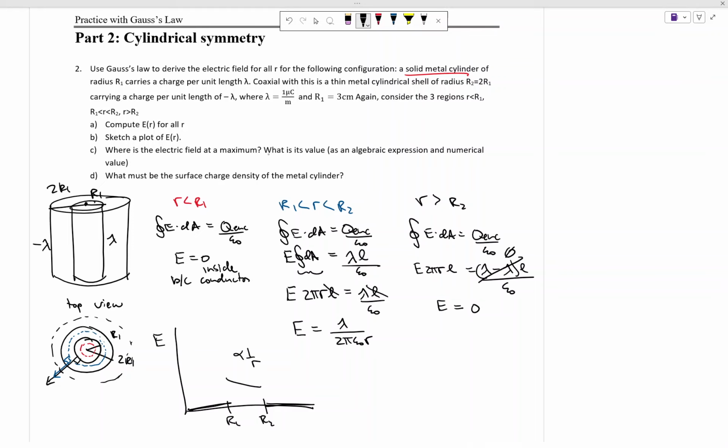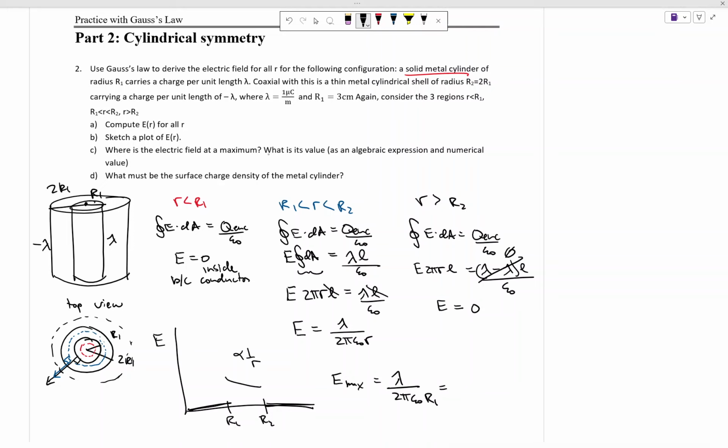So where is the electric field at a maximum? Well, it's at a maximum at the surface of the conductor. And what will that be? So E max is going to be lambda over 2 pi epsilon naught R1. And we could compute this as a number also.